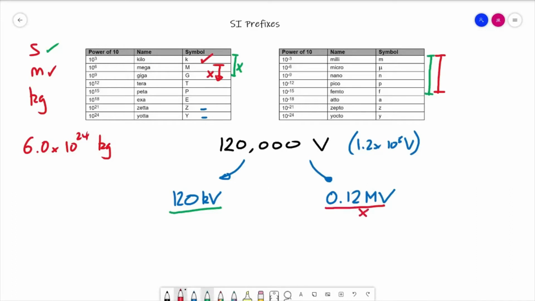The convention that we use is that the number that we've got here, we try to keep in between 1 and we try to keep it less than 1,000. If we go one step further and we have 1.2 million volts, which obviously would be 1.2 times 10 to the 6 volts in standard form.